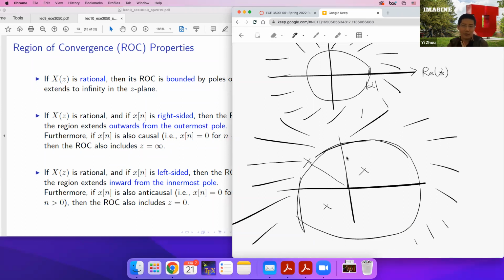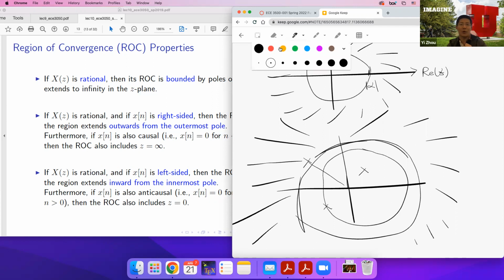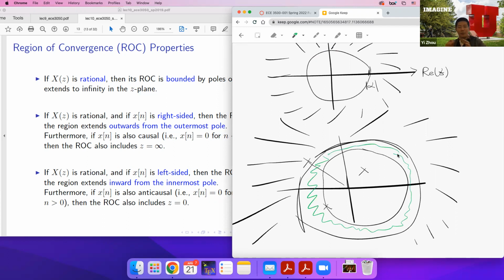The other possibility is that we consider this ring that goes through this pole. Then the second possible ROC is this ring between these two circles. So this region of ring is in between these two poles, so it will not contain any poles.